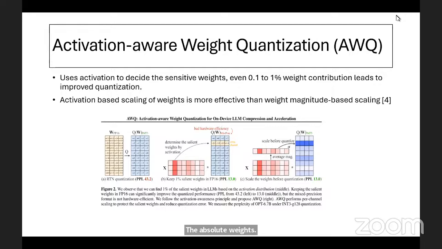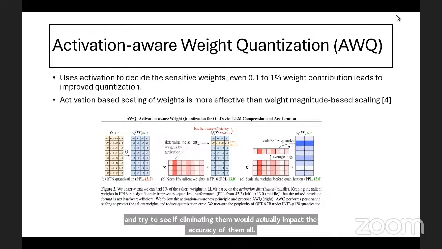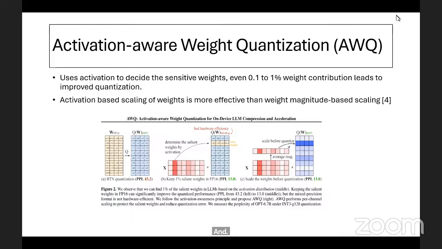usually they try to take the lower magnitude weights and try to see if eliminating them would actually impact the accuracy of the model. And there, what they're trying to do is essentially using the weights and their magnitude directly to prune the model. Here in this paper, they talk about how activations might be a better measure of the significance of weights.